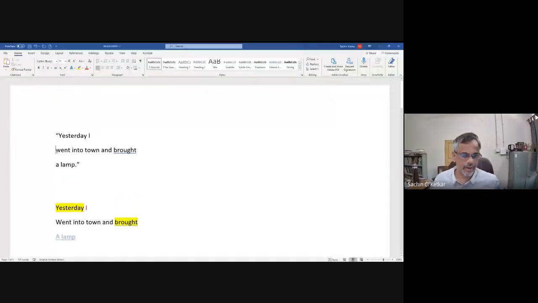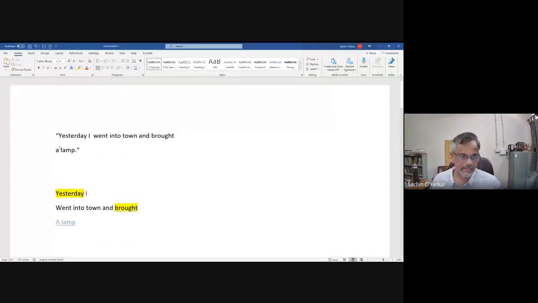Fabula is not very important. The way the story is told, using flashback, using various kinds of devices and techniques that we were discussing. So in matters of poetry, you may say that this is a kind of fabula, right?